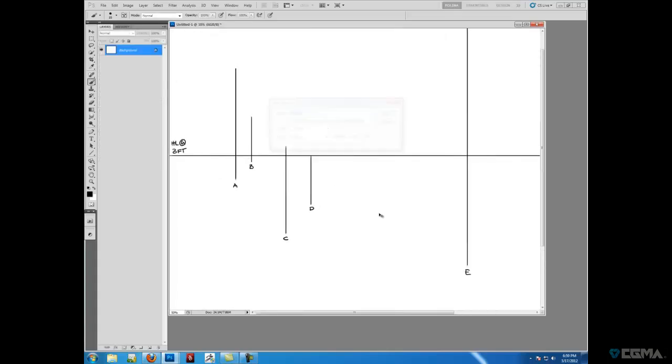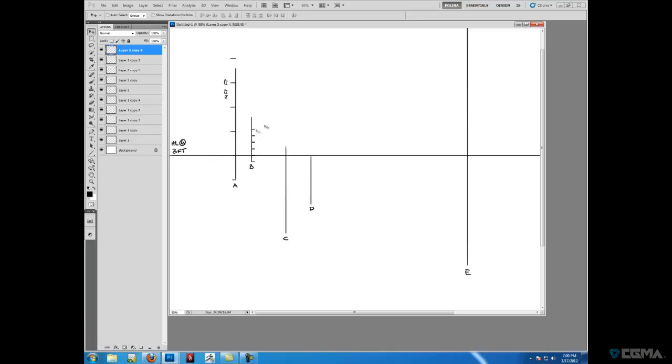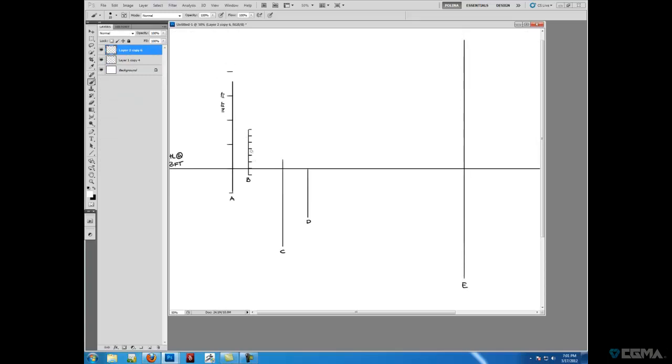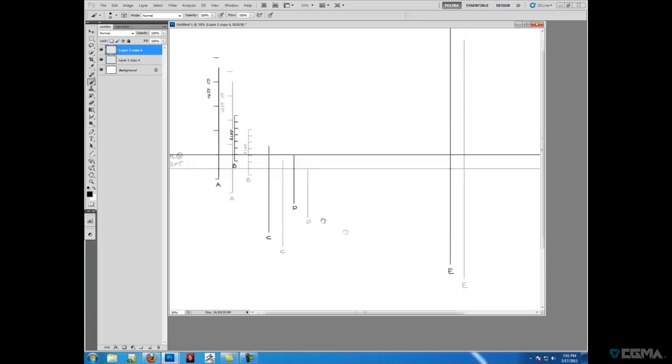Well, we know that the horizon line crosses through every object at 3 feet. So we know that every distance underneath the horizon line is a 3-foot mark. So this will be just simply creating new layers and counting. Now I apologize, perspective is a pretty mathematical course.